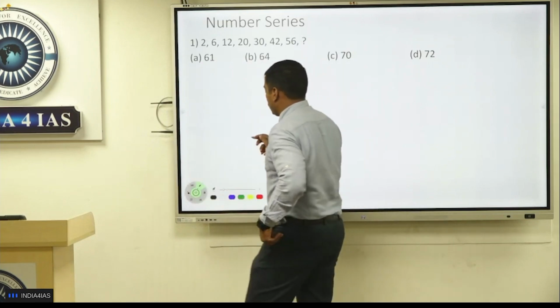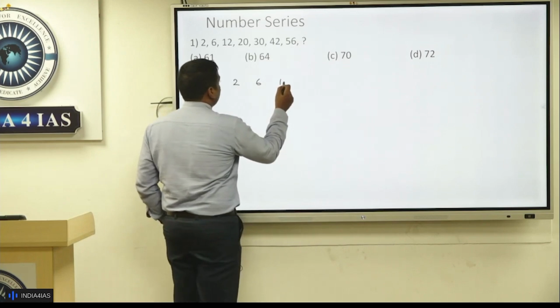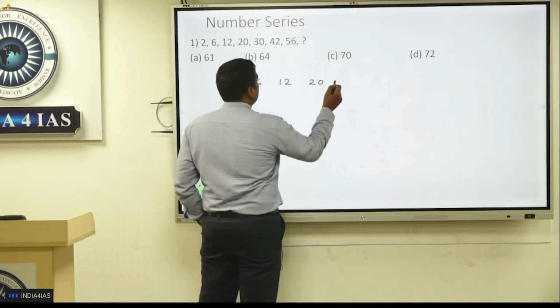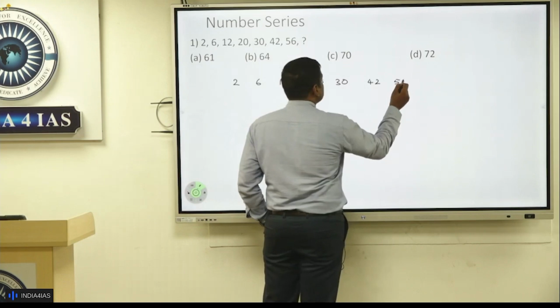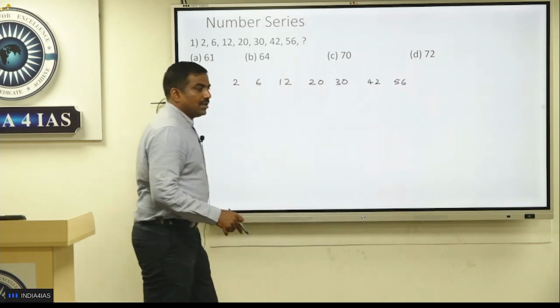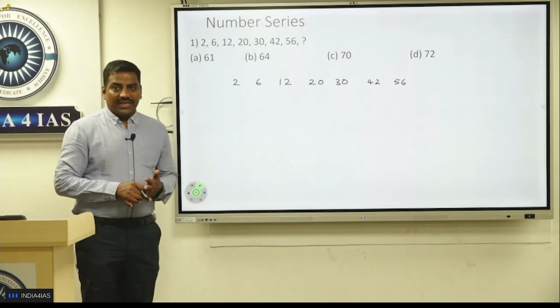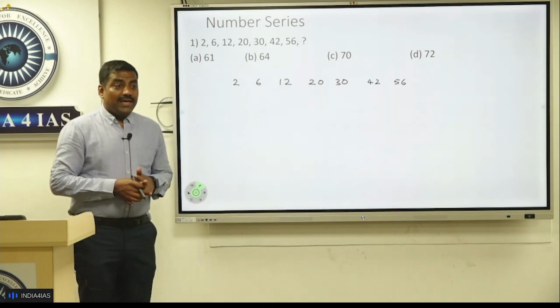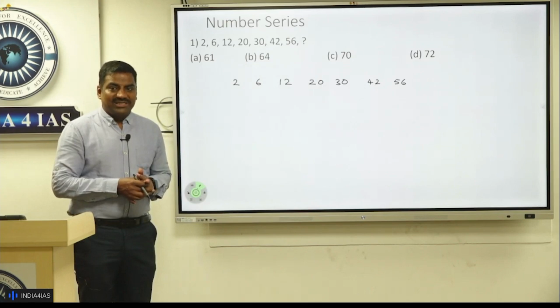2, 6, 12, 20, 30, 42, and 56. All of them are in increasing order. So maybe if we add something to the previous, or multiply something with the previous, we might get the next.